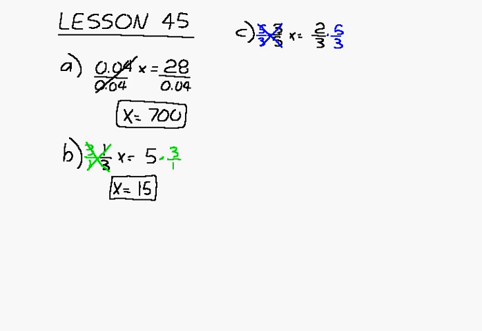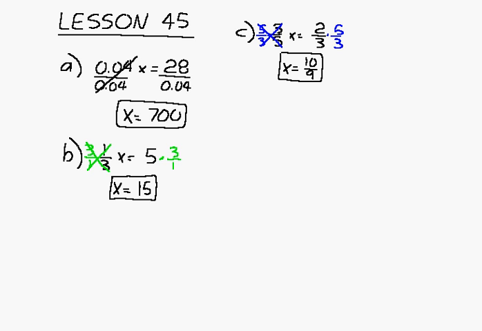Nothing simplifies there. So we can just write our answer 10 over 9. x equals 10 over 9. And so that means also that 3/5 times 10/9 equals 2/3, since x equals 10/9.